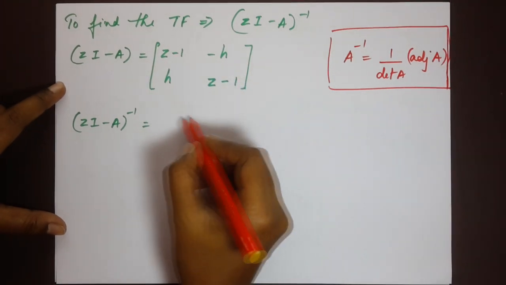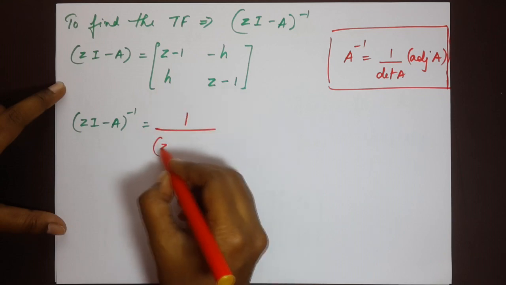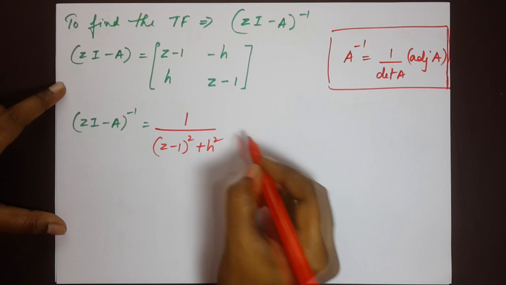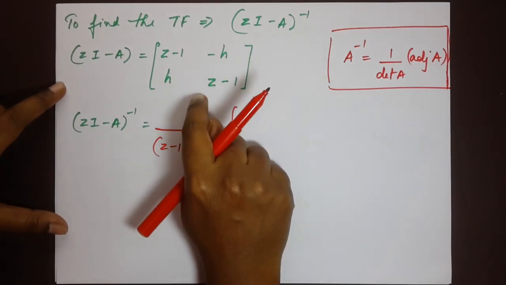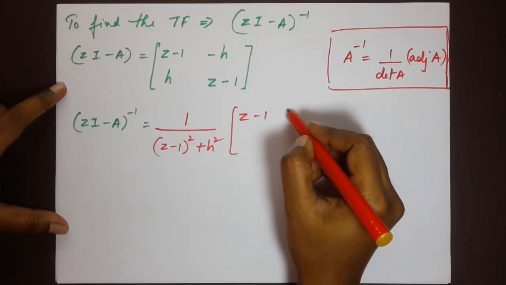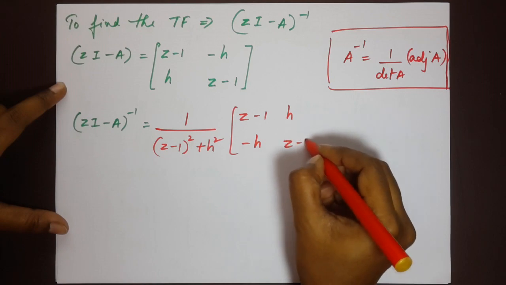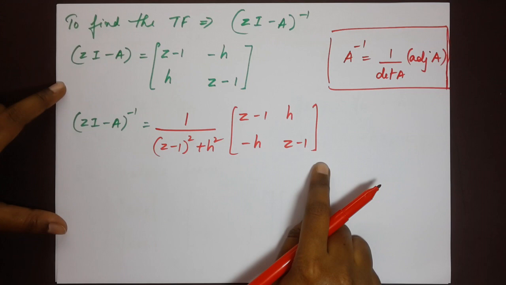We would now have 1 divided by the determinant, which is z minus 1 square plus h square, into adjoint of A. Now adjoint of A would be z minus 1, h, minus h, z minus 1. So this is our inverse.